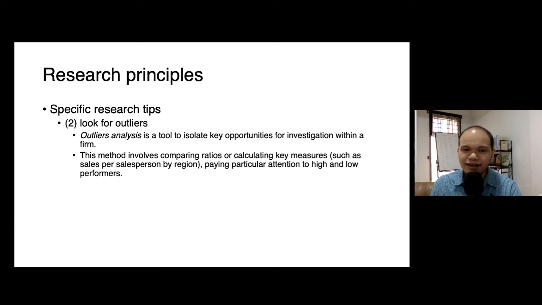That's what happens with outlier analysis. Outlier analysis is a tool to isolate key opportunities for investigation within a firm. So you look at anomalies of some sort. These are outliers. Anomalies tend to have a negative connotation, like there's some sort of scandalous event happening there. Well, it doesn't have to be that.